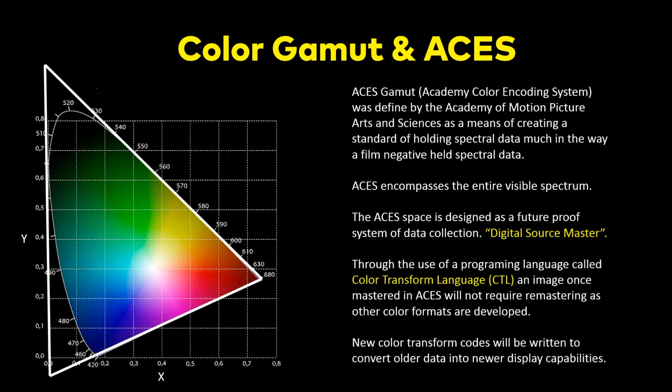So the next technology comes along, and maybe you've had to time it out for 709 or P3, and the next thing comes along, and it's a really broad gamut. Well, using the CTL, color transform language, you can redefine those color points to the newer technologies. So this is the hope, that it acts as a digital negative. As new color transform codes are written, it'll simply convert this older data into a new format.